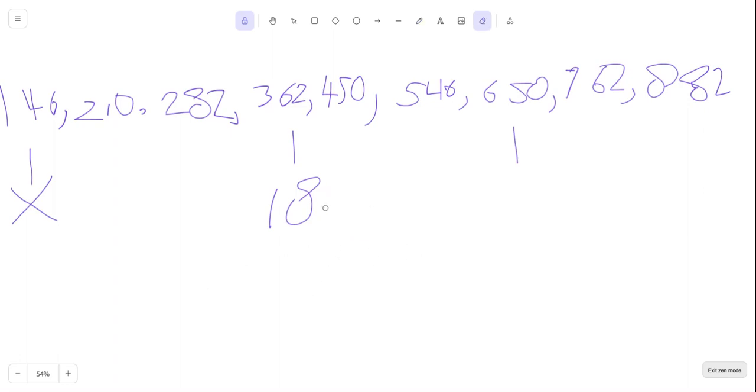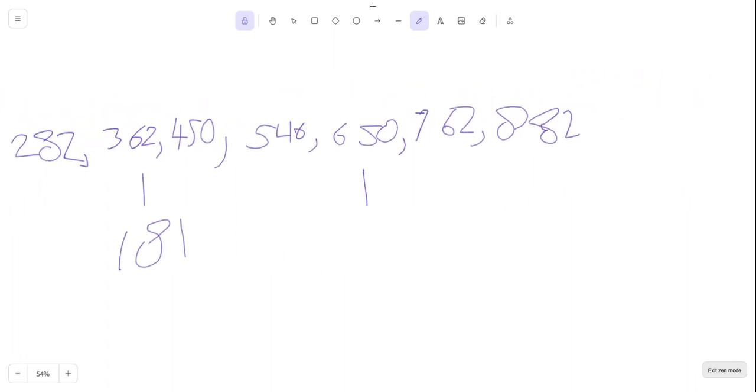Sorry, 181. Okay. And then 650 is 325 times 2. So n is 325 and n minus 1 is 324, and then 326. Divide by 3 and then take the square root or approximate it. It's going to be around 35,000. So if you do 36,000, actually no, that has nothing to do with it.